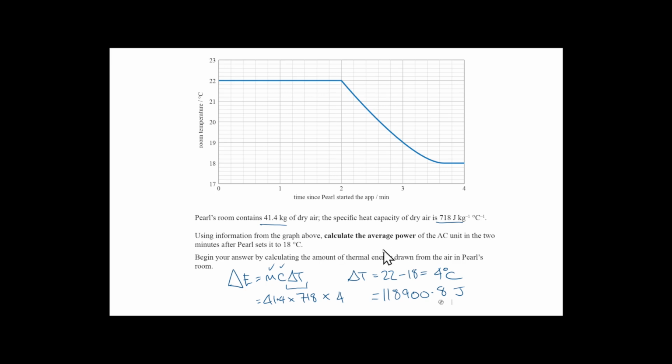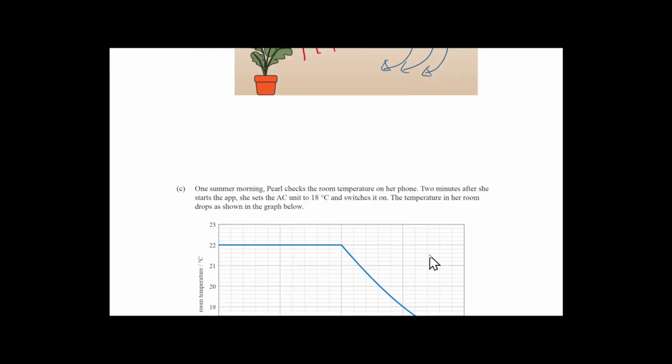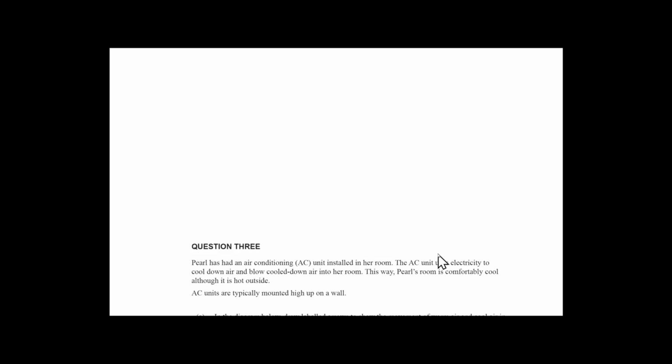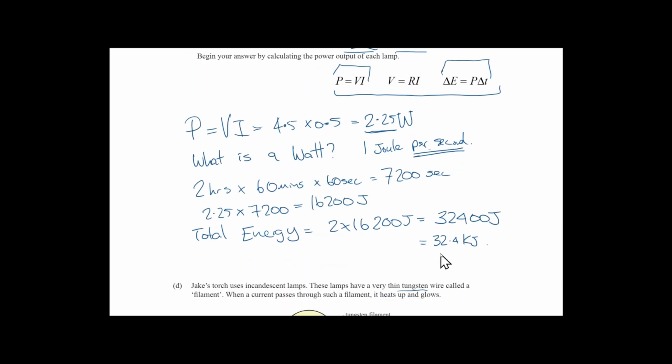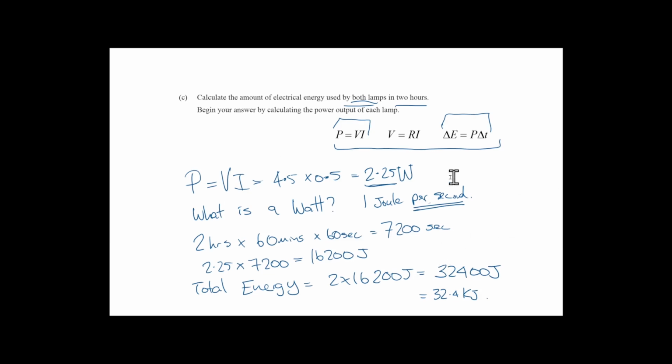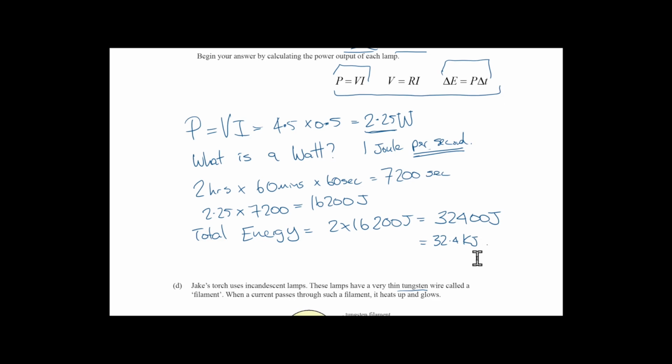Okay, but it doesn't ask that. It says the average power that's used. Okay, well, there's a few sort of tools that we can use. So if we go up here, we can use this equation, and we could use the work equation. Let's use this one.